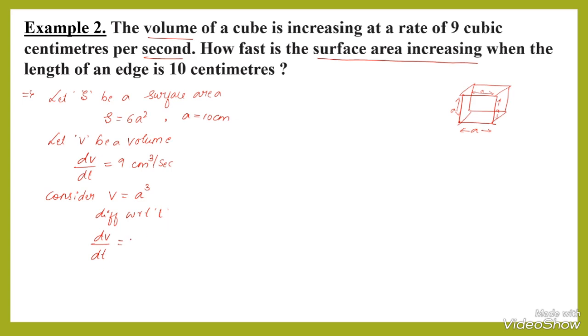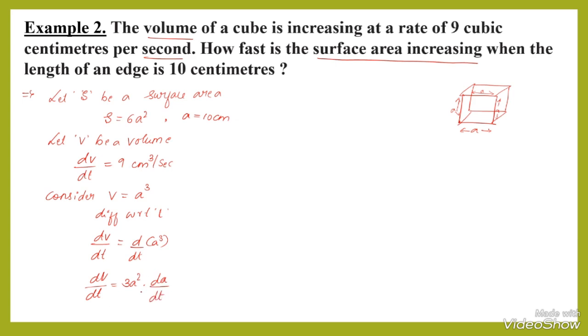Here a cube, okay, the edges will be changing, so d by dt of a cube. Again I am taking dV by dt is equal to differentiation of a cube. What is a cube? That is 3 into a square. Differentiate with respect to t only, that's why I am taking dA by dt.